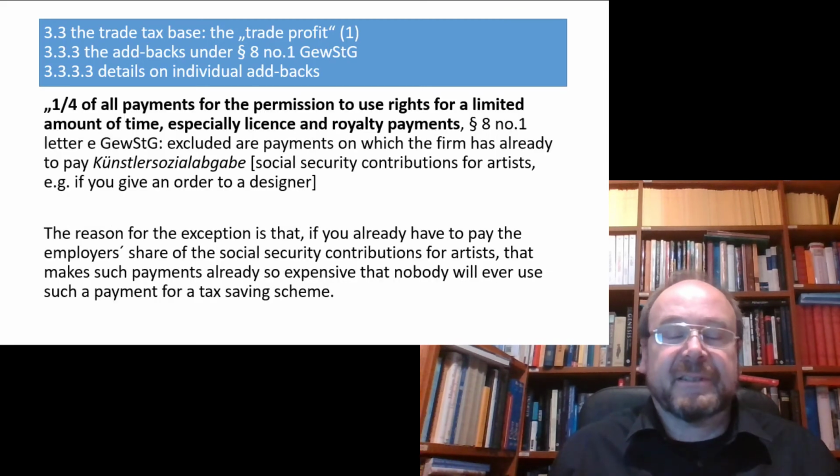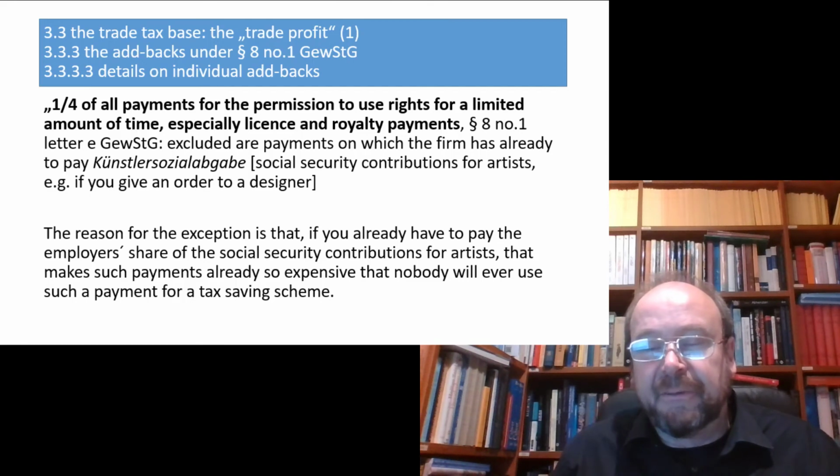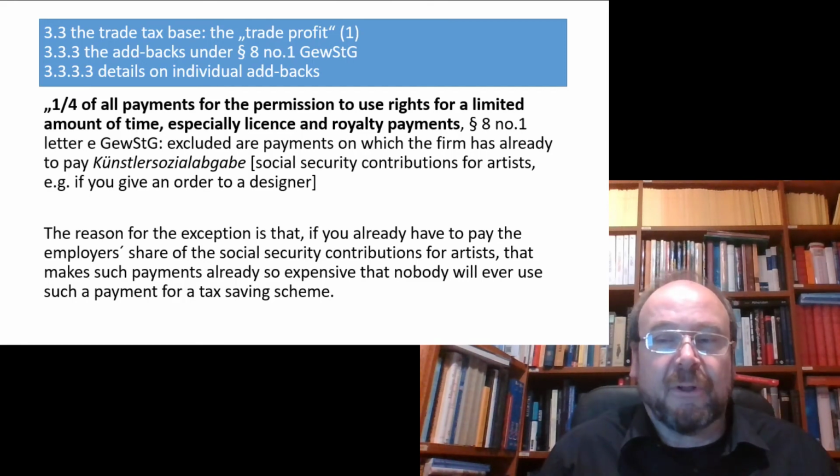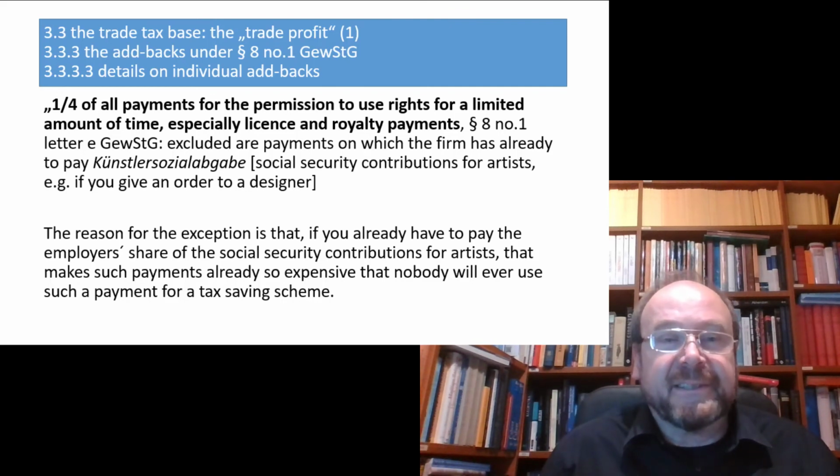Lease and rent. Forget about this. Now you have another thing: 1/4 of all payments for the permission to use rights for a limited amount of time. That means license payments. Why for a limited amount of time?